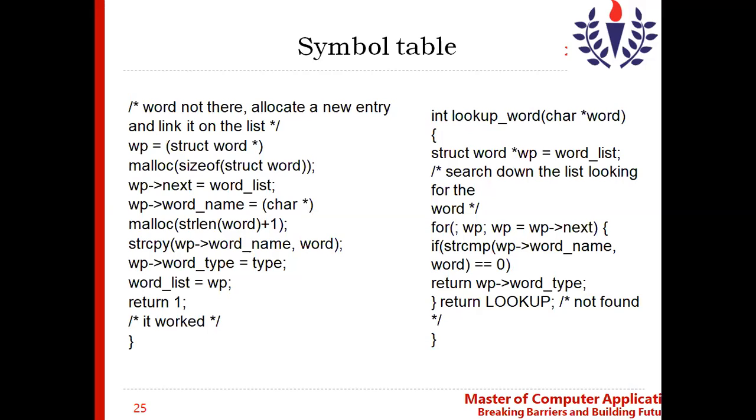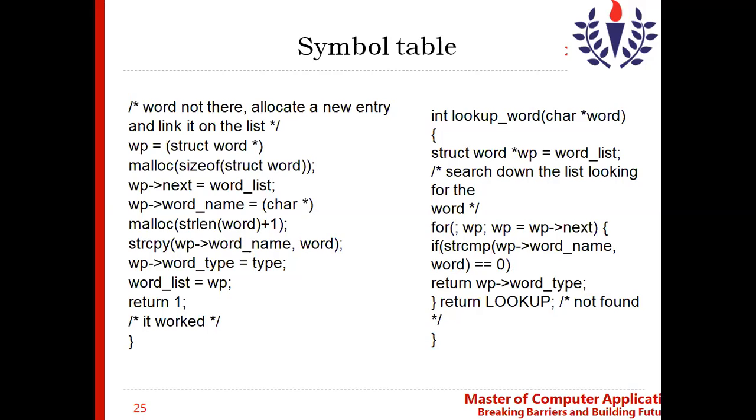So what we do here is we allocate memory for the node, and with the existing list, we add the new node. Then we allocate the word and copy the word to the node. That is where string copy is used. WP word name represents the word part in the node.